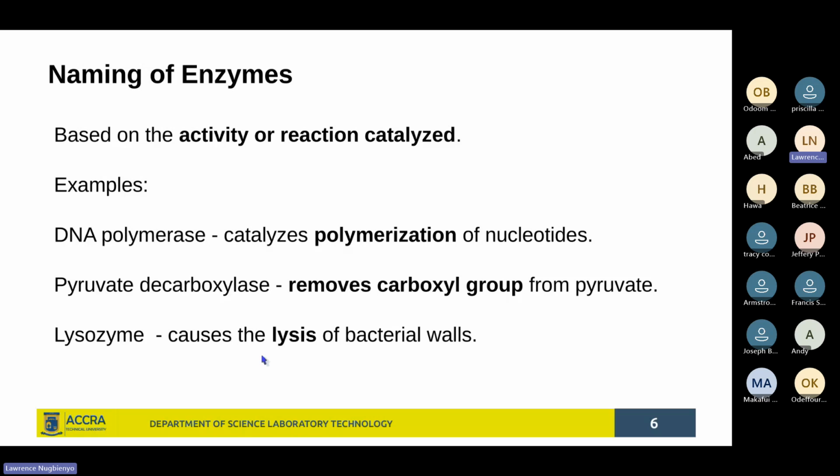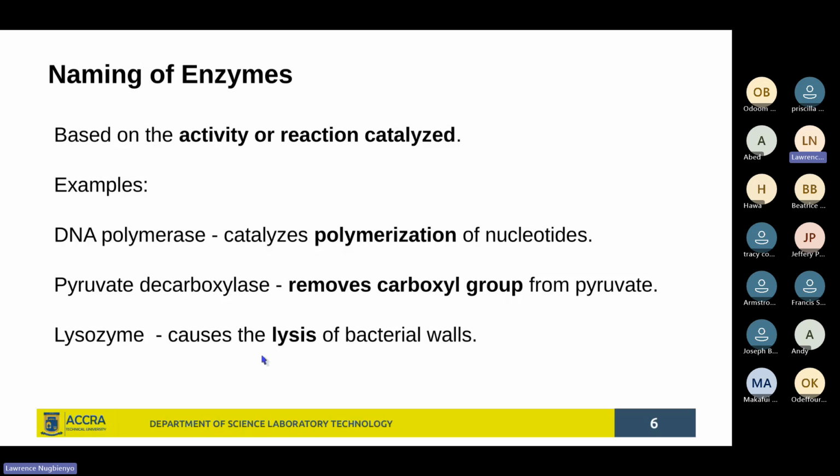The process of removal of a carboxyl group from pyruvate, a common reaction which you see in the metabolism of carbohydrates, is also catalyzed by the enzyme pyruvate decarboxylase. So the reaction was a decarboxylation reaction. So the name comes after the type of reaction that the enzyme is catalyzing.